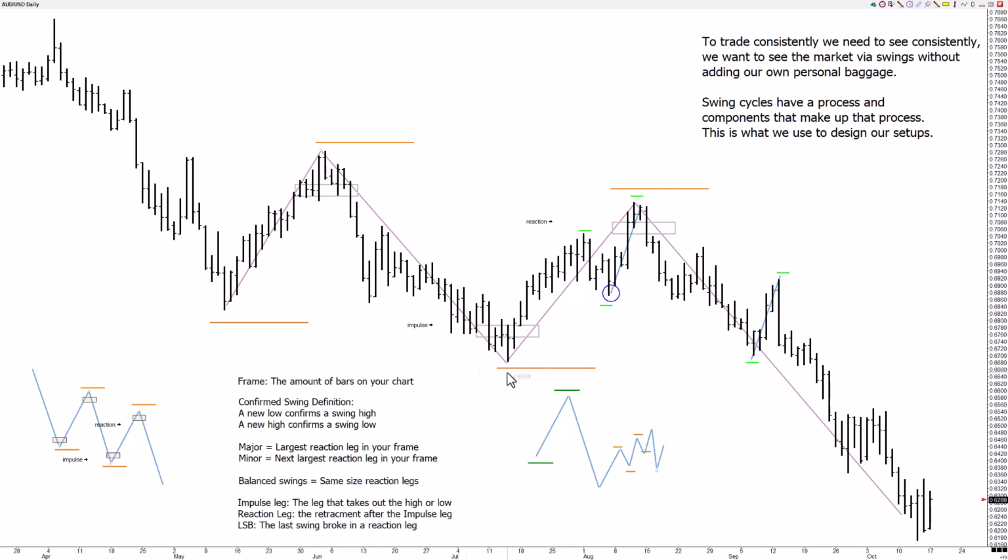No matter what methods you're using, you always start by mapping the market's major swing out. It's always where you begin, and then you layer on from there. This lets you know without a doubt what the market is doing. It's making major swings and minor swings until it's not. And then you'll also know when that changes.